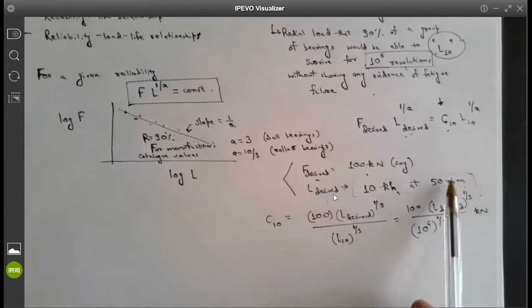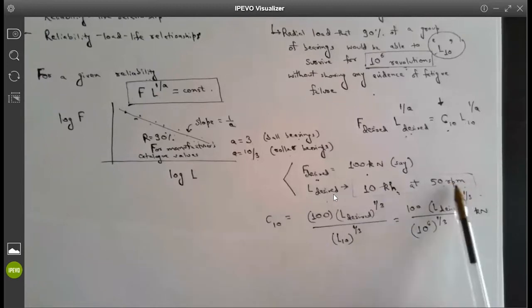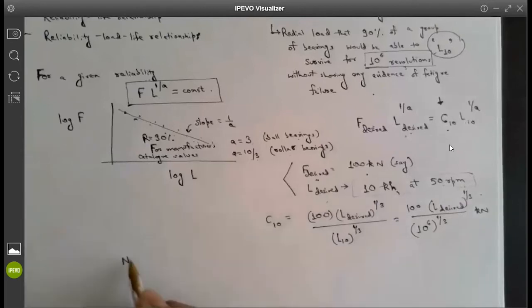If it has to rotate 50 rotations per minute, how many rotations will it do in 1 hour?